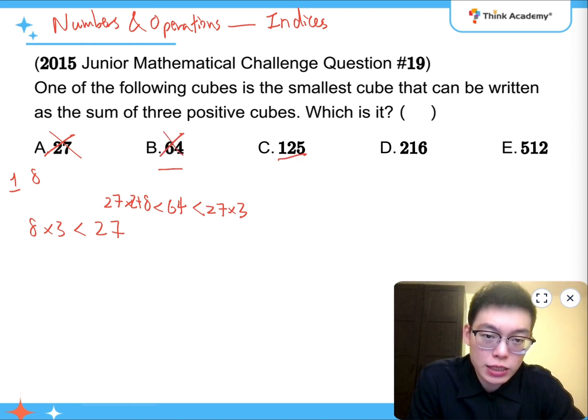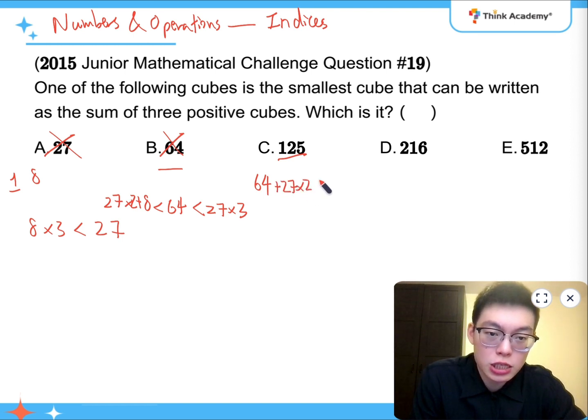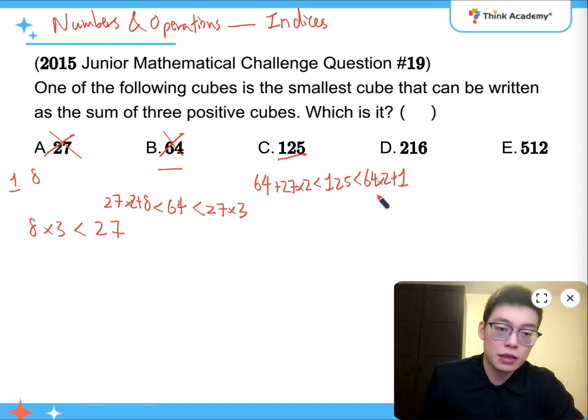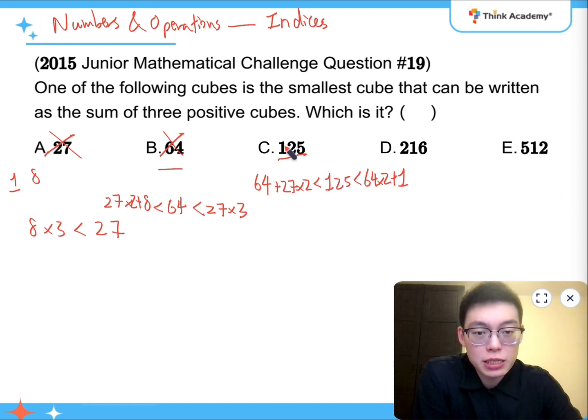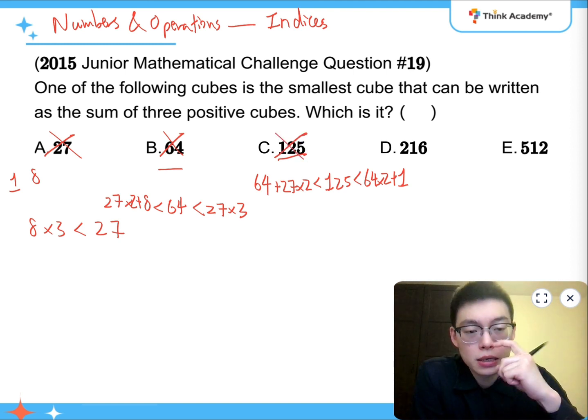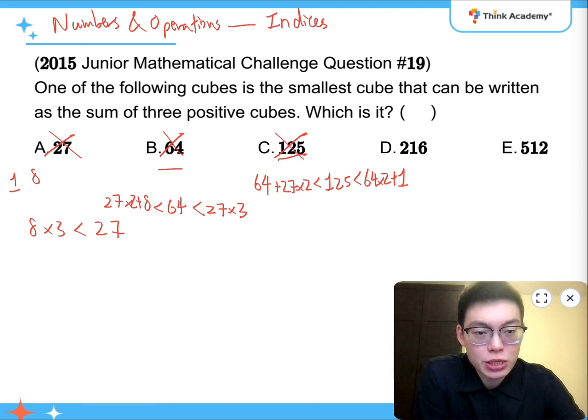As for 125, if I'm using 1 64, and even if I'm adding 2 27s, it's still smaller than 125. But if I'm using 2 64s, even if I'm using a number as small as 1, it is still greater than 125, which means that no sum is going to get to 125 precisely.